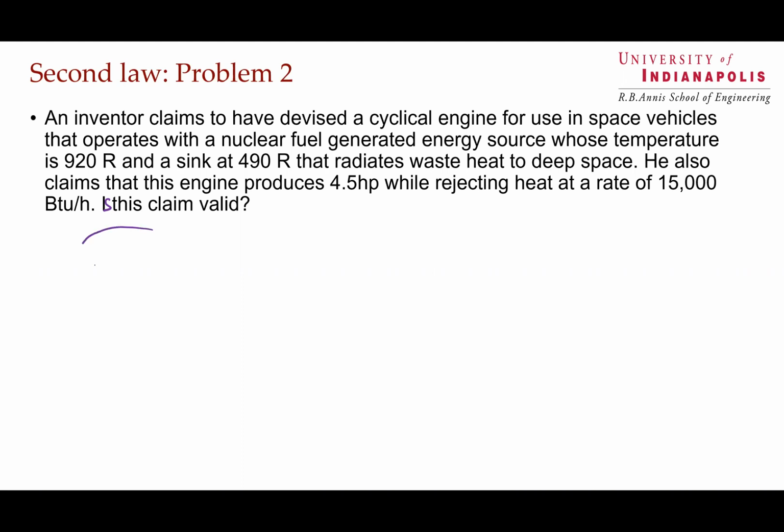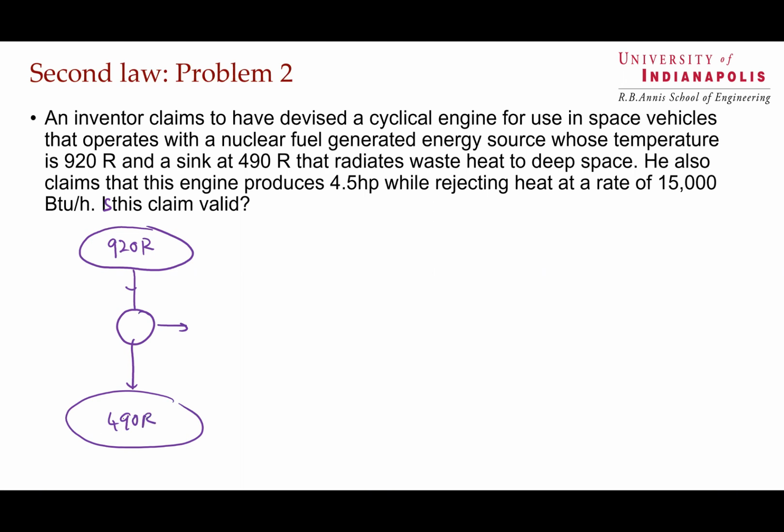So the maximum efficiency that he can attain in between those two given thermal reservoirs, one at 920 Rankine, the other at 490 Rankine, this is TH, this is TL, and that's the engine net work. The maximum efficiency can be found by 1 minus TL over TH. Rankine temperature can be used instead of Kelvin because it's a thermodynamic temperature scale.